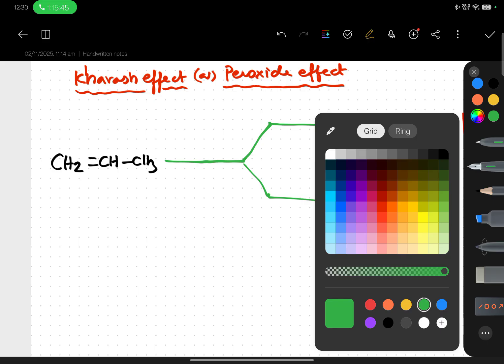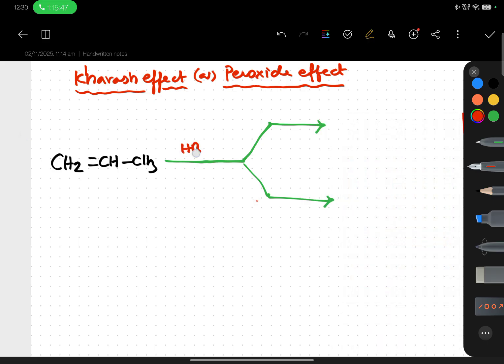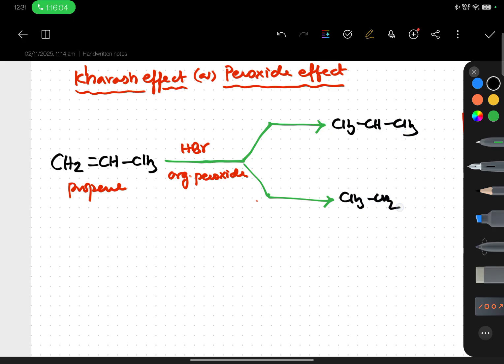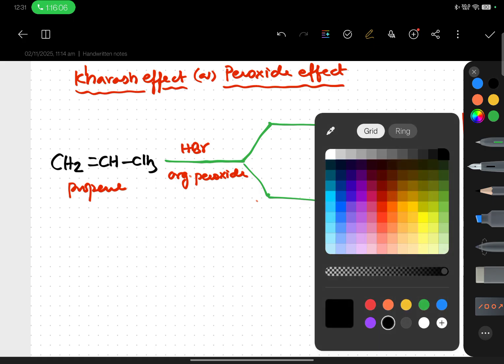Yes, sir. This time we are adding HBr in the presence of organic peroxide. Very important. So this is propene, undoubtedly. Again you will get CH3, CH, single bond CH3, CH3, CH2, CH2.